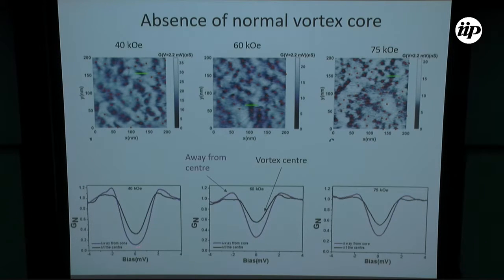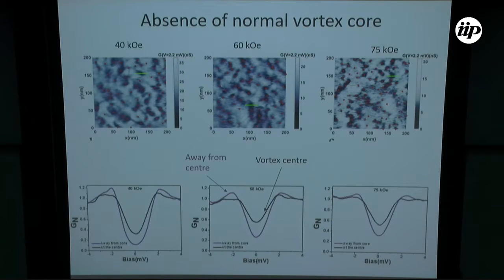There is an increase in the zero bias density of states at the center of the vortex core, and at the center of the vortex core, the coherence peak seems almost completely suppressed. Nevertheless, we never observe a normal vortex core where the conductance is flat, or the density of states is flat.